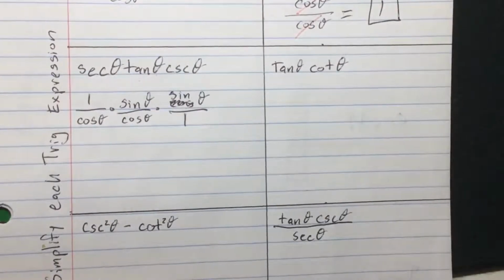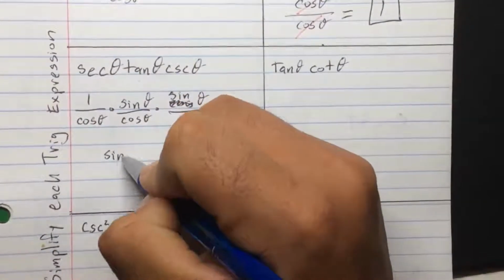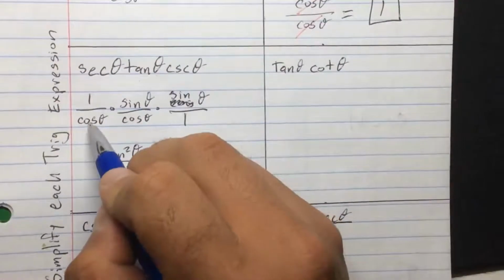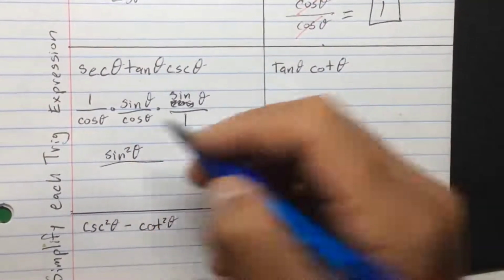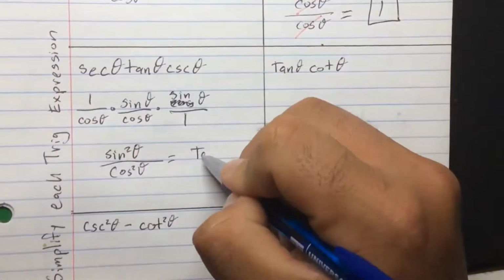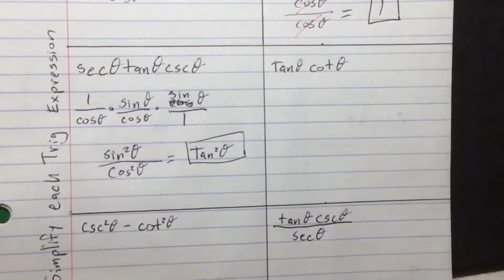If we simplify this, we just multiply across. We get sine squared theta, and on the bottom, cosine times cosine times 1 would be cosine squared theta, and this would equal our tangent squared theta.